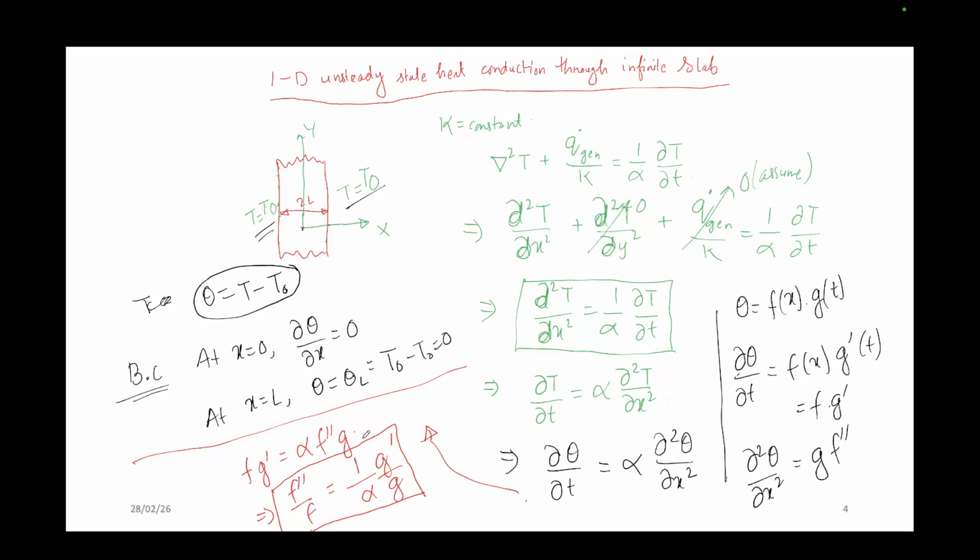If you see this first part, it is only a function of x, whereas the next part is only a function of t, because here this alpha doesn't depend on x or t. So clearly we have separated it out, right? If it is okay, then we'll move to the next part.